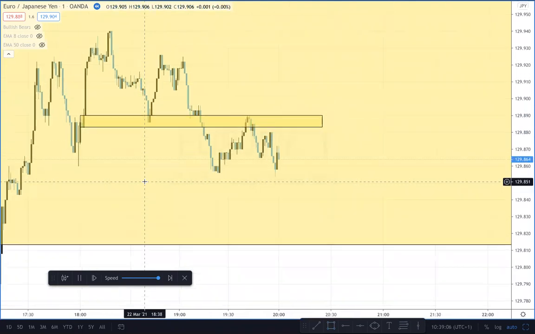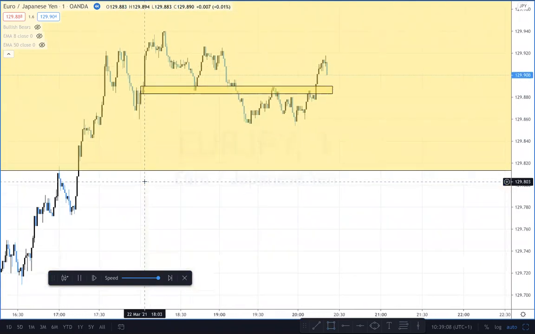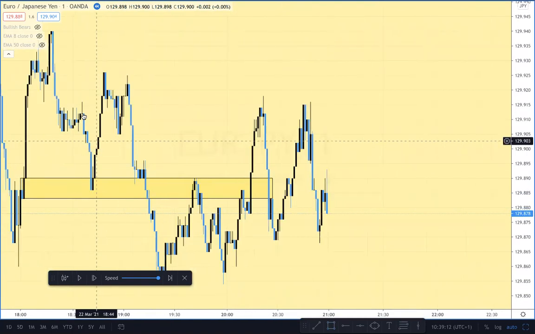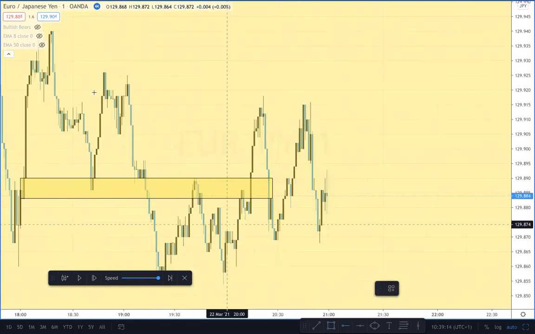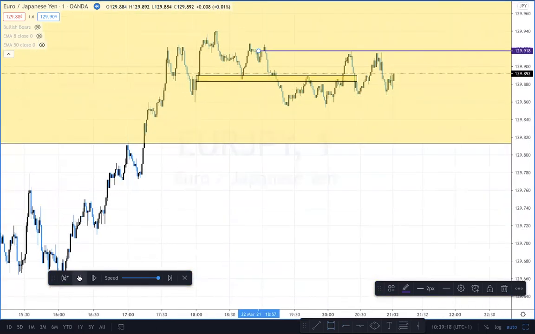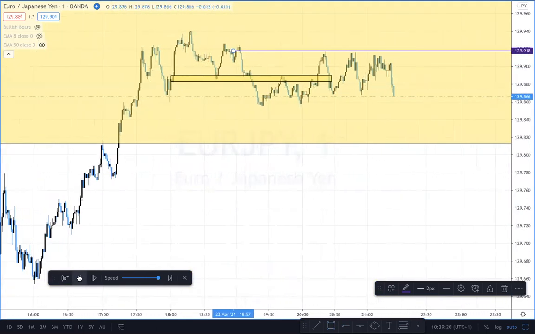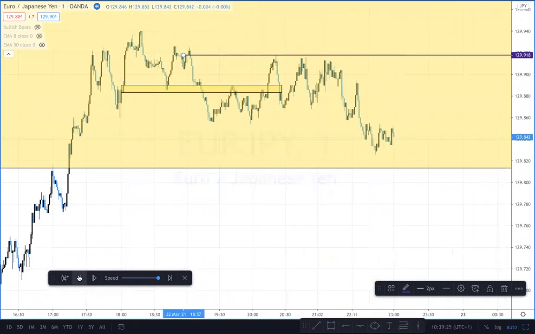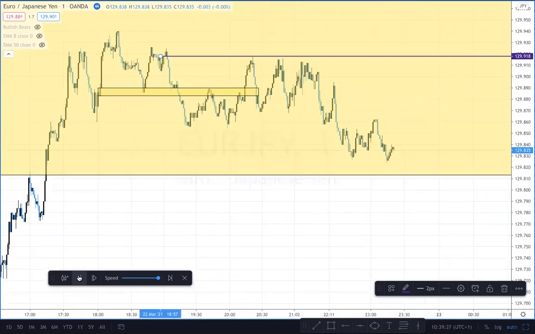In the breaker block again, we broke it into the institutional candlestick. Test the breaker zone again.